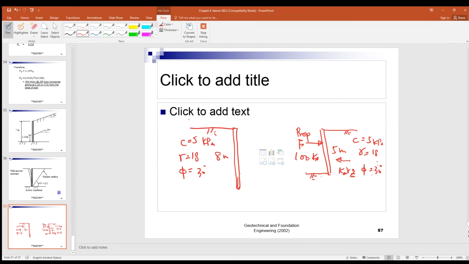And then you work out the propping force. Suppose you get 200 kilonewtons.